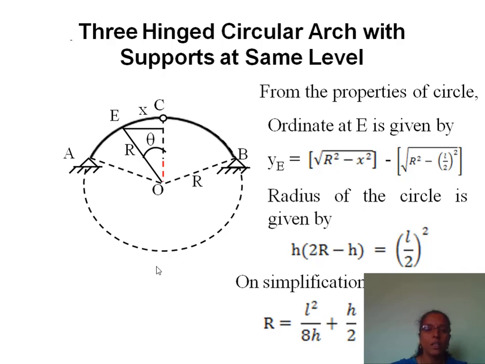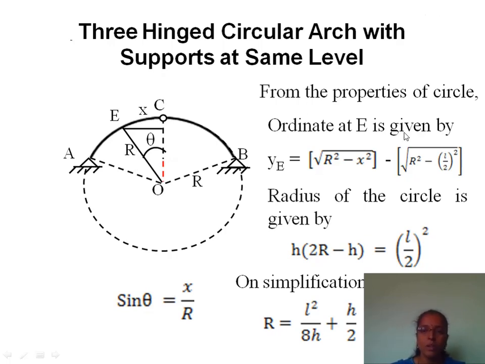So sine theta is equal to x divided by r. Therefore sine theta is x by r, from which you can calculate the angle theta. Why we need this theta: during the calculation of normal thrust and radial shear, we need the value of theta. So to find the value of theta, you need the equation sine theta is equal to x by r.